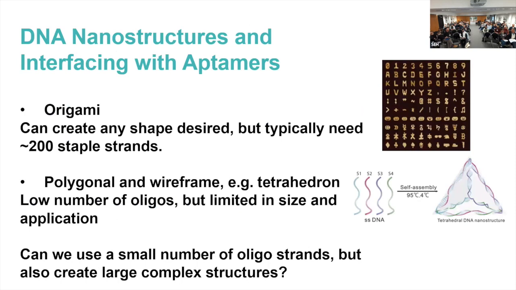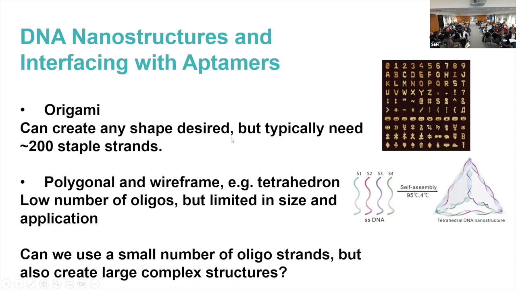And in the DNA nanostructure field, thinking about the sorts of things that one can make. Now, one big area, of course, has been DNA origami. In terms of translational application of DNA origami, that can be a little bit limited because when you're making DNA origami, you need 200 oligo staple strands to be building up all the structures.